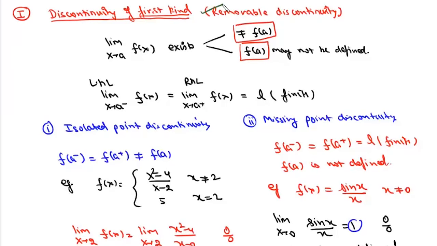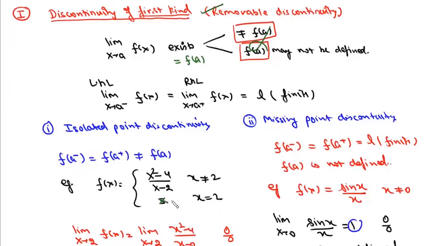Now the reason it is called as removable discontinuity, because it is possible to make this function continuous by defining a value at f(a). So if we define this f(a) in such a way that this limit it is equal to f(a), then this function will become continuous. Now in this case, we know that value of this limit is 4.